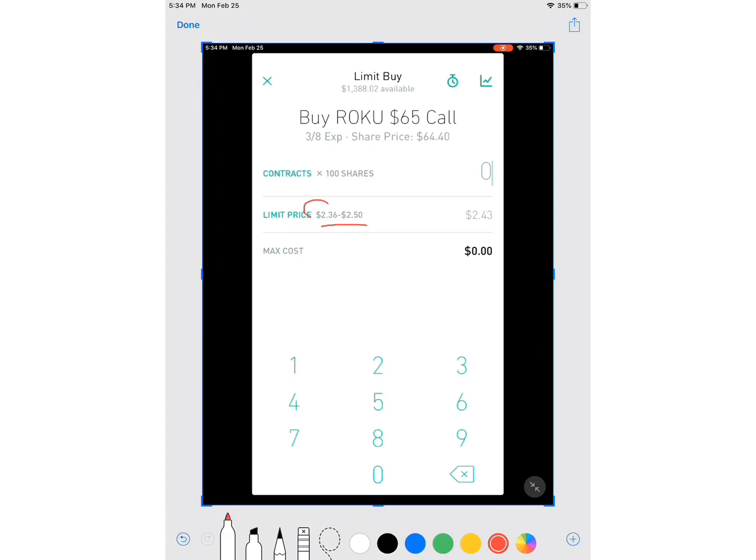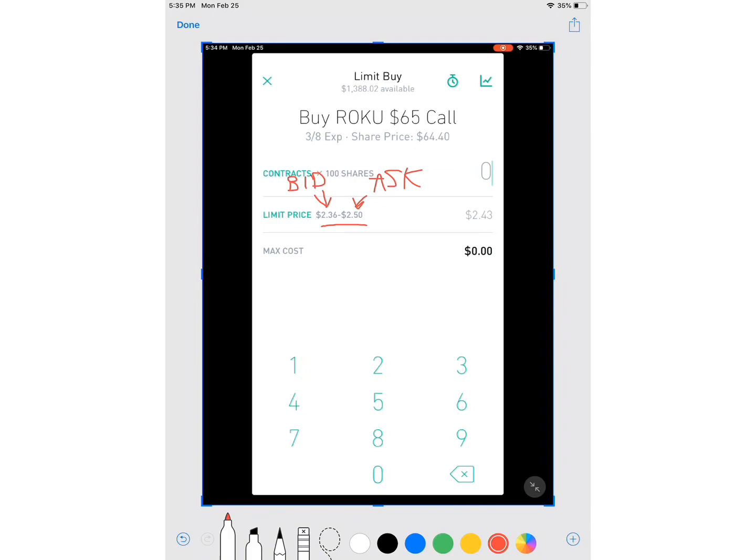The lowest number on your spread is called your bid price. This number is called your ask price. So you always buy near the ask whenever you're trying to execute a call option.